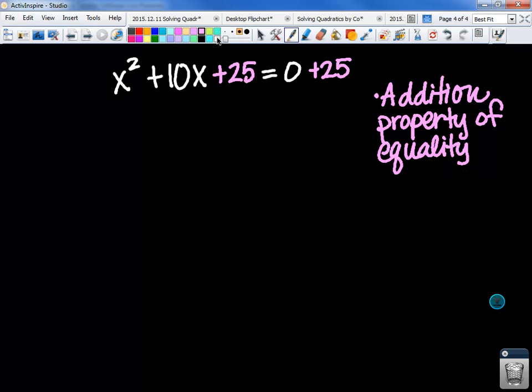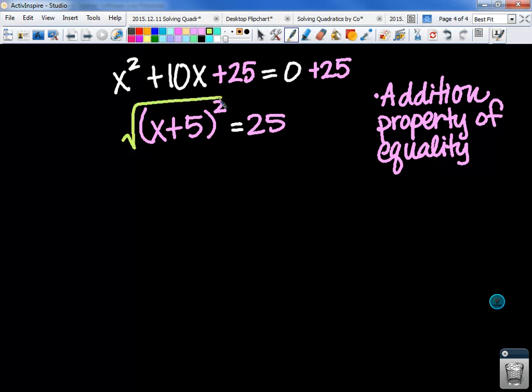Now I can rewrite this as x plus 5 squared equals 25. All right. And now I can take the square root of both sides. Doing so will cancel out this exponent and leave me with the expression that was underneath. So I have x plus 5 equals the positive or negative square root of 25, and the square root of 25 is 5.